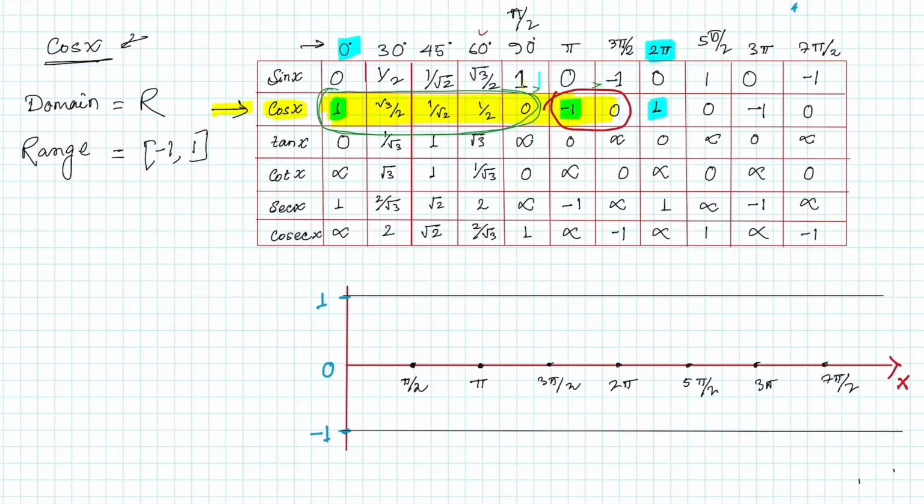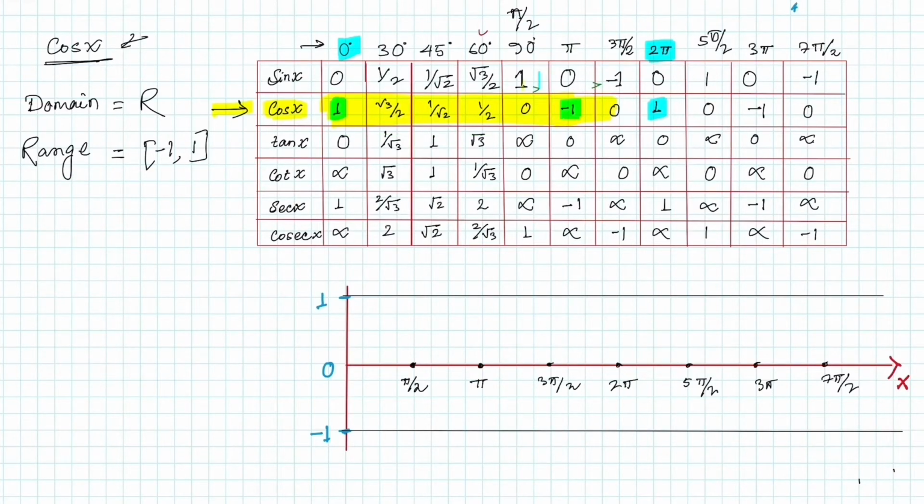That's how we will get the values. Observing this pattern, you can say that the range is minus 1 to plus 1. All the values of cos x are either equal to minus 1 or greater than minus 1, and less than or equal to plus 1.